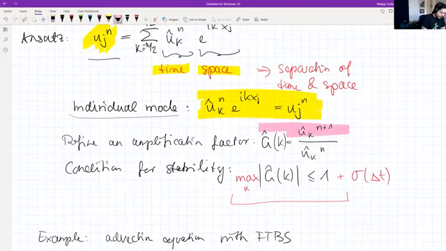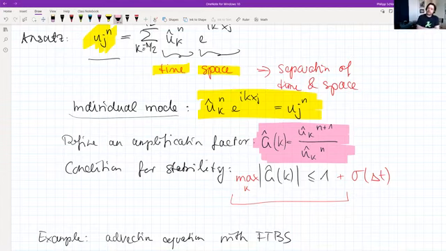So this here would be my spectral amplification factor. And it just says that for one time step, my u hat k, so the Fourier coefficient for wave number k, is growing by this factor g hat. And this is really from one time step to another as a function of k.